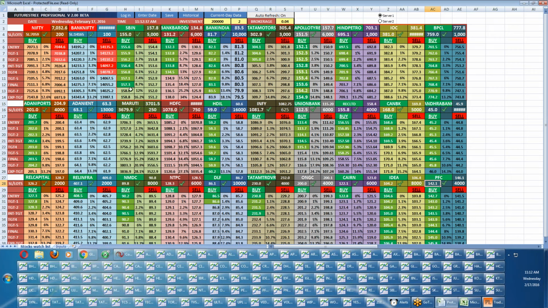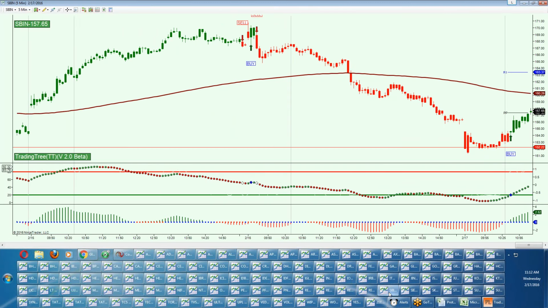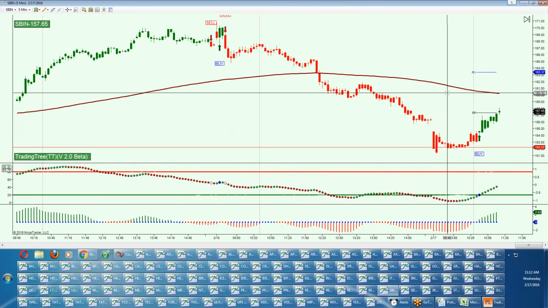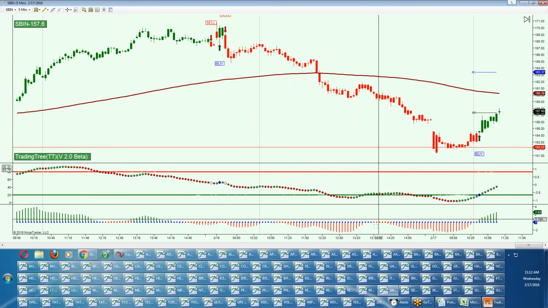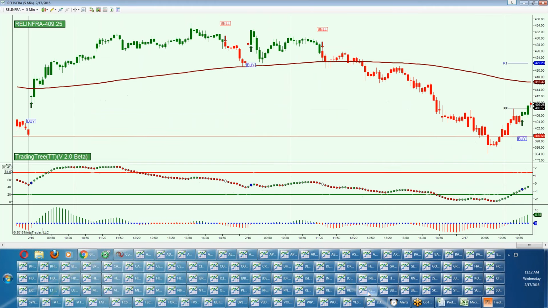So SBI has done its final target. You can just go to the chart and then see your next level. Your next level can be 160. So your entry for REL Infra is this PP.